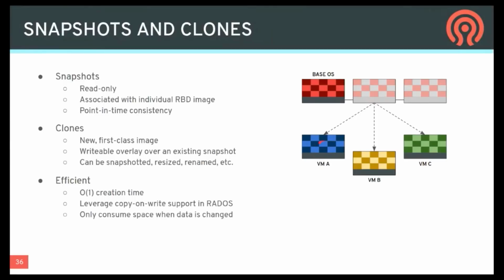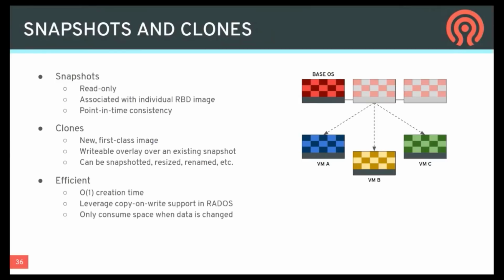And because these clones are first-class images, they can themselves be snapshotted, they can be resized, renamed, all the stuff you'd usually do with an RBD image, you can do to the clones, unlike the snapshots, which are read-only immutable copies. But for both snapshots and clones, all this is efficient. Creating snapshots and clones is an order one, near instantaneous process.